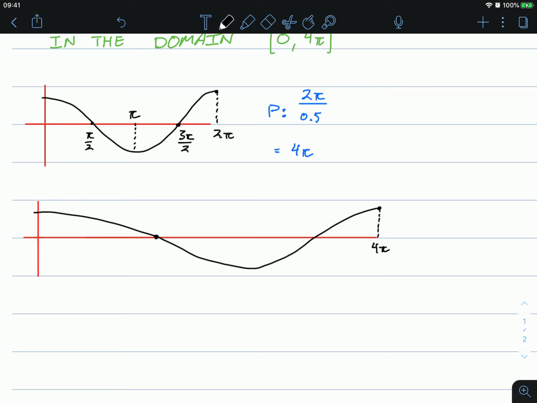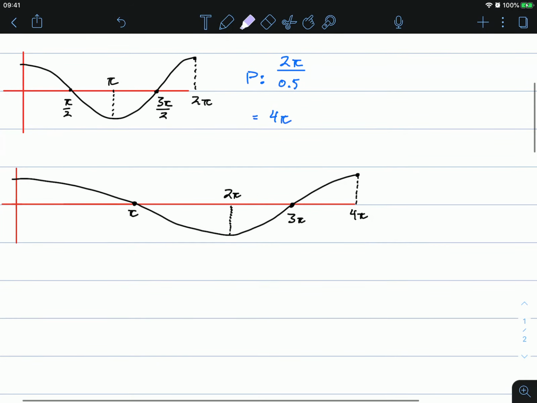So then this is going to be at 2 pi. This position here, which was originally at 3 pi, is going to be doubled in distance from the y-axis. So that's now going to be at 3 pi. And while it's not entirely important because it's not part of the integration, this point here is going to be at 2 pi.